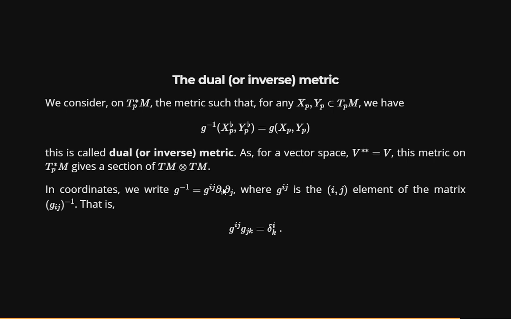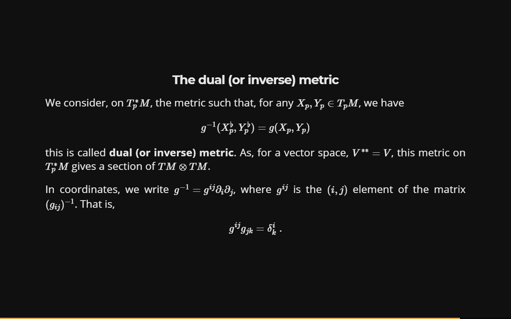It's a symmetric section, therefore we write a symmetric product between sections of TM, which are partial i and partial j, and we write g^-1 as g^ij, with upper indices, partial i, partial j. g^ij is the ij element of the matrix inverse to g_ij, with lower indices. This is why it's called the inverse metric. The matrix of the metric on the cotangent is the inverse of the matrix of the metric on the tangent.